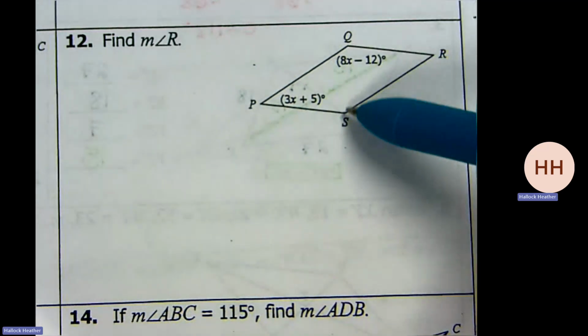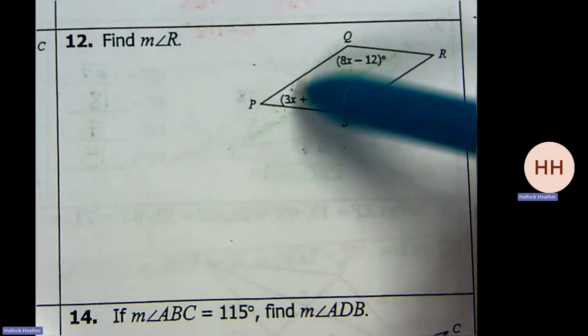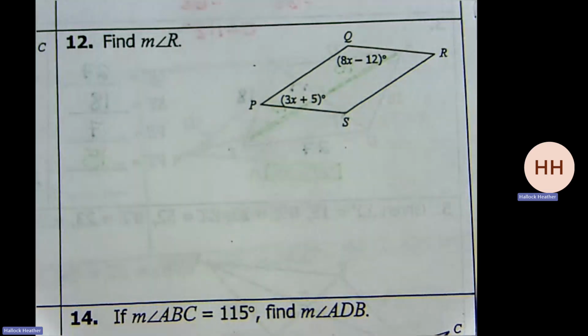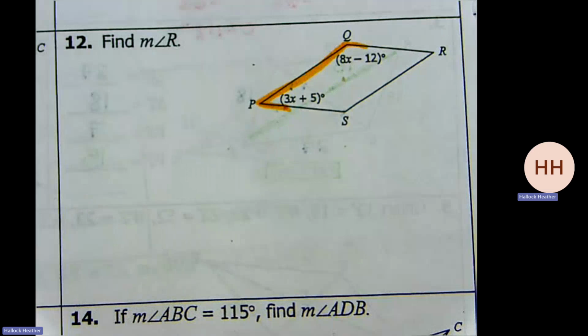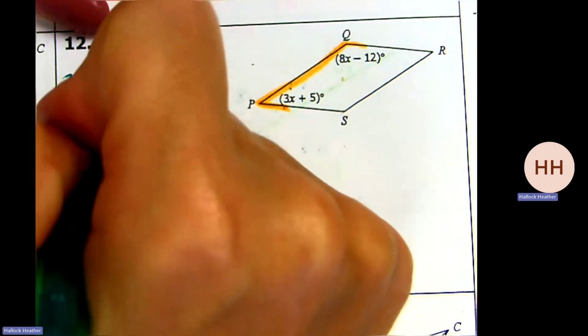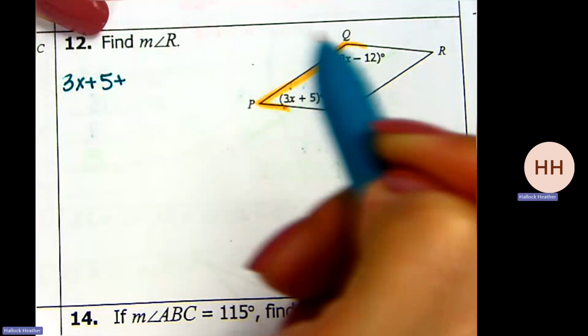You could technically put this angle down here and put this angle over here and then add them all to make 360, but that's just going to make your life even harder. So same side angles, because they both share the same side, they both share the left side. I'm going to say this angle plus this angle equals 180. So we'll put 3x plus 5 plus 4x minus 12.